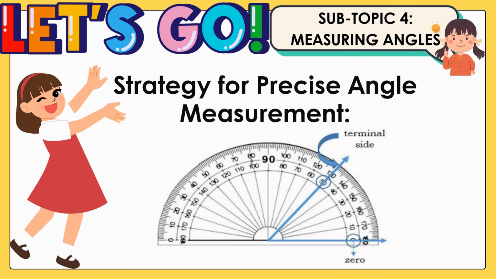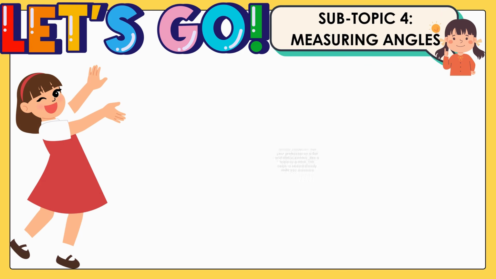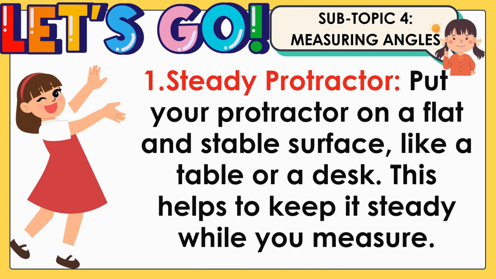Here are the strategies for precise angle measurement. Number 1, steady protractor. Put your protractor on a flat and stable surface, like a table or a desk. This helps to keep it steady while you measure.